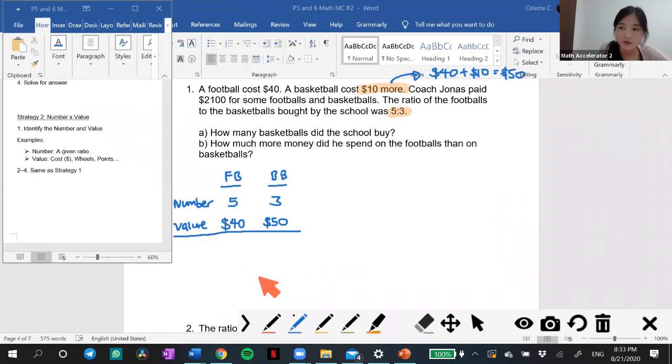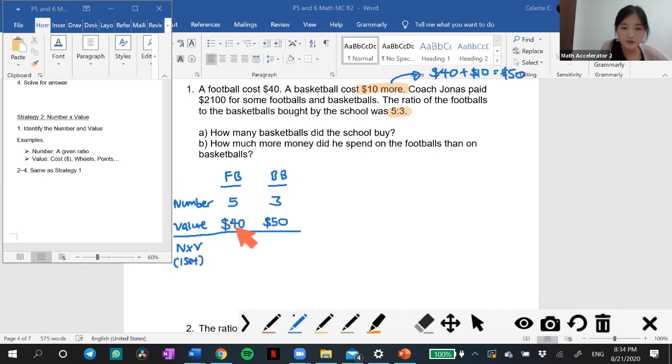So looking at the title of this strategy, you should know what you should do next, right? Number times value. Once you do number times value, it will give you the number times value of one set. So take the number for football times the value of the football.